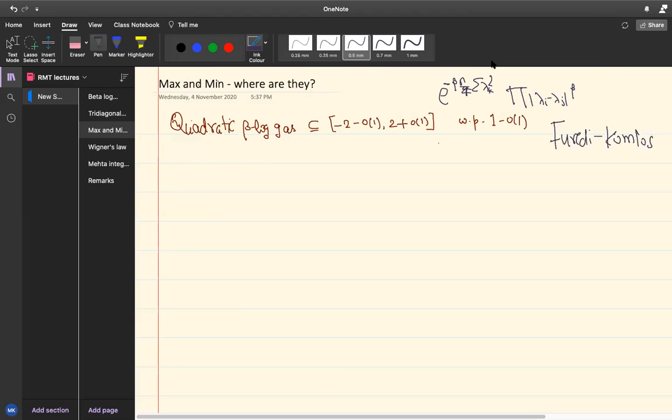The statement is that all the particles are in -2 to 2, more or less, in the sense that you may have to enlarge a little bit depending on n, but -2 minus little o of n, 2 plus little o of n, with probability going to 1.